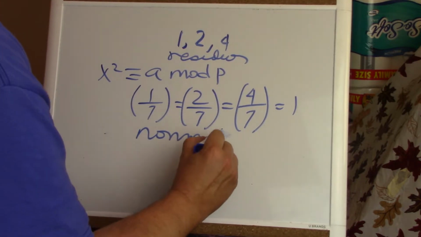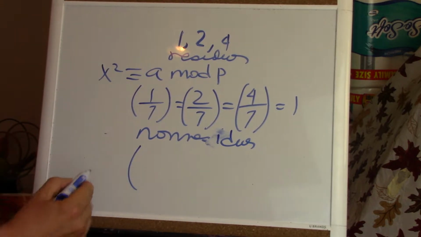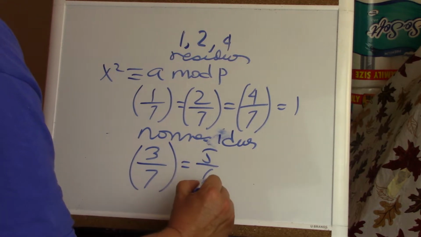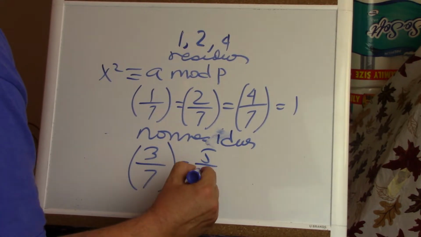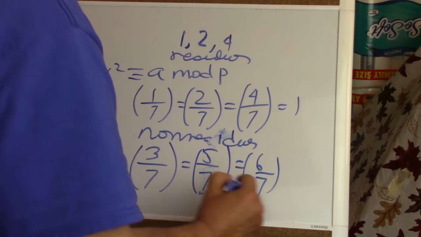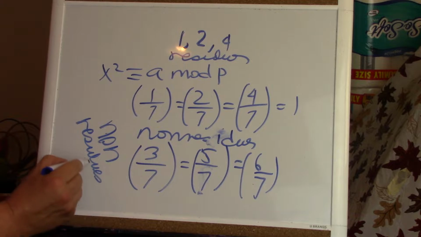Non-residues are all the other ones that we didn't pull, if you will. So that would be 3, that would be 5, and that would be 6. So these are non-residues, mod 7.